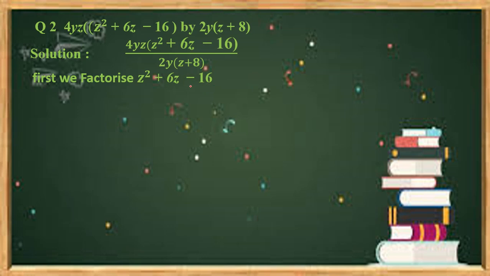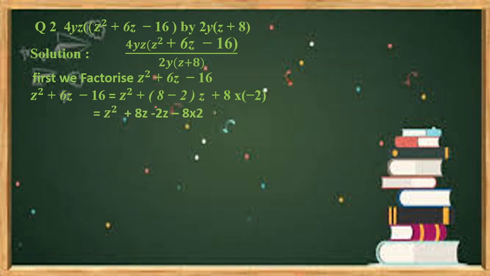What are the numbers? 8 and minus 2. When we add 8 and minus 2 we get 6, and when we multiply 8 and minus 2 we get minus 16. So we have z square plus 8 minus 2 into z plus 8 into minus 2.